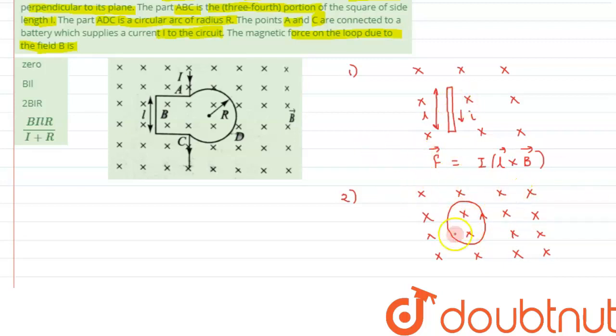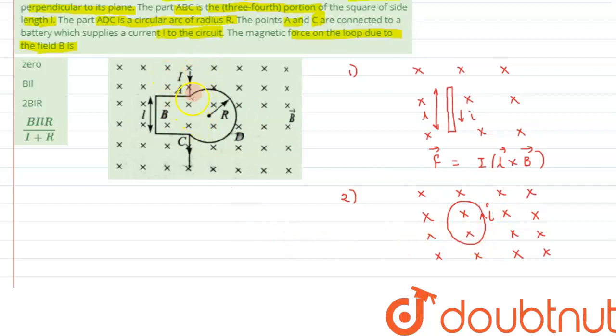So now using these 2 points we will try to answer this question. As we can see, this is a loop, but we have to be careful that this is a complete loop which is carrying a current I in it.